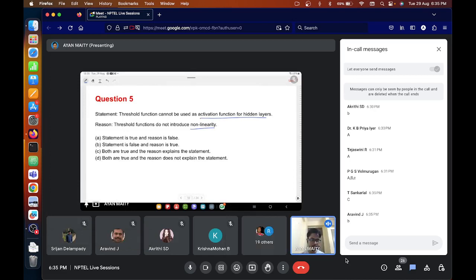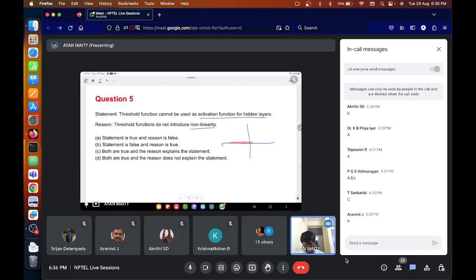Sankalal is saying option C, Aravind is saying option B. So the threshold function is like this.